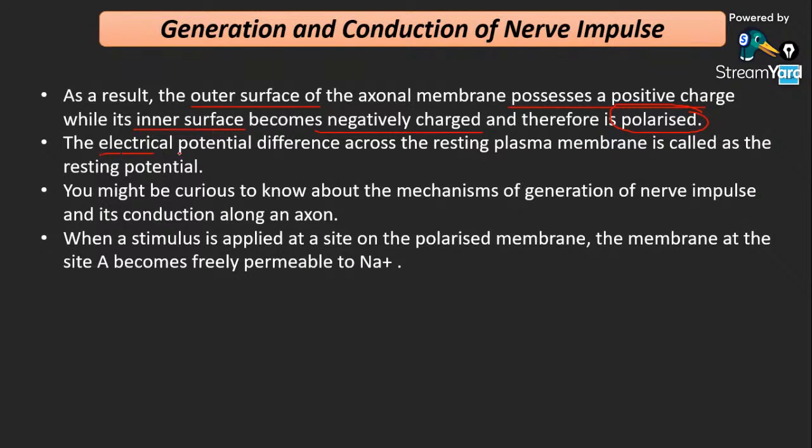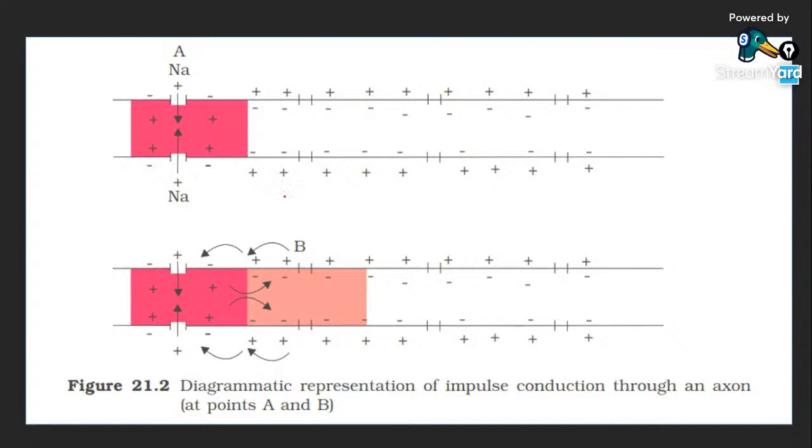The electric potential difference across the resting plasma membrane is called the resting potential. You might be curious to know about the mechanism of generation of a nerve impulse and its conduction along an axon. When a stimulus is applied at a site on the polarized membrane, site A, the sodium channels become freely permeable for the transfer of sodium ions.